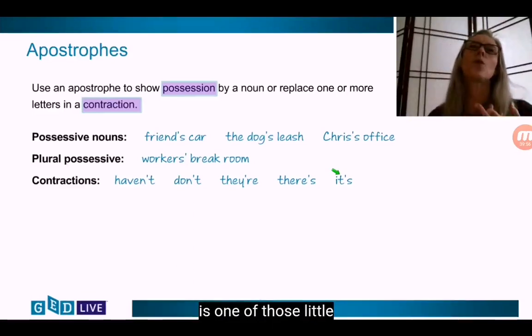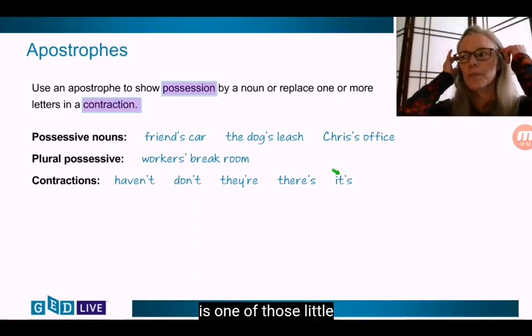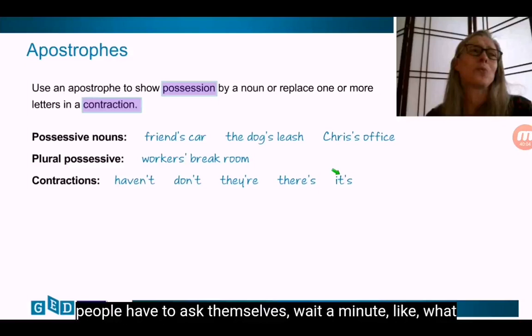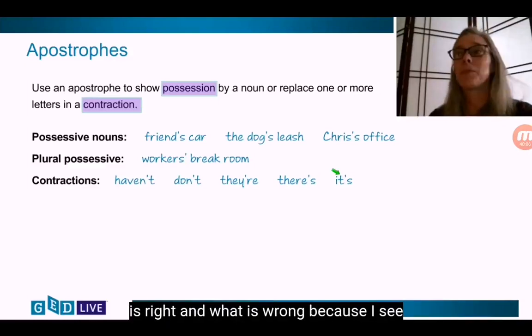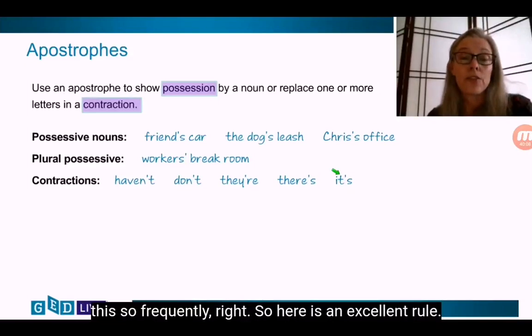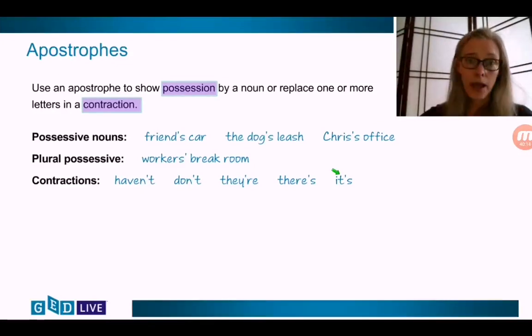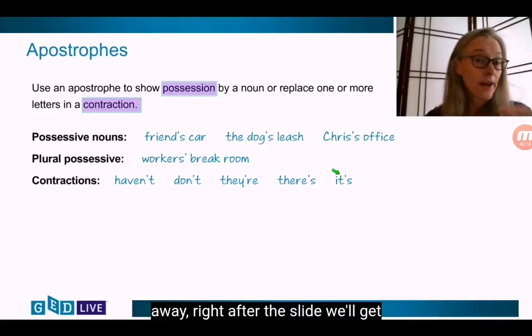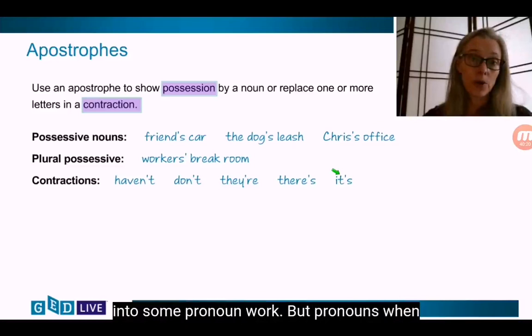And this is one of those little mistakes that gets made so frequently that sometimes people have to ask themselves, wait a minute, what is right and what is wrong? Because I see this so frequently. So here is an excellent rule. Pronouns, which we're going to discuss further right after this slide, we'll get into some pronoun work.